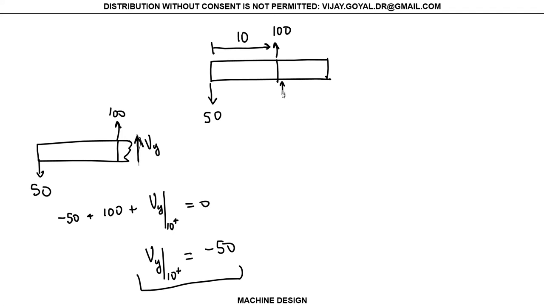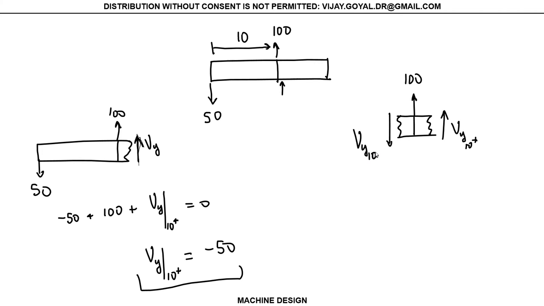Also, what if I wanted to know my loads on the other side? The other possibility I could do is make a section cut around this, and I have a load 100, and I know this load Vy at 10 plus, and this is the positive sense in the opposite direction.